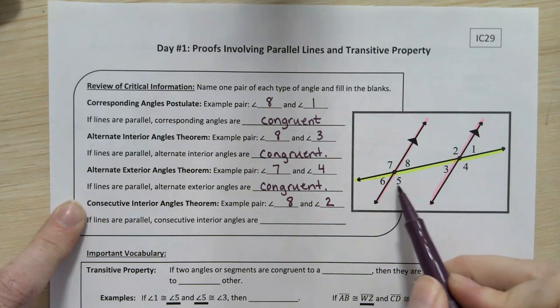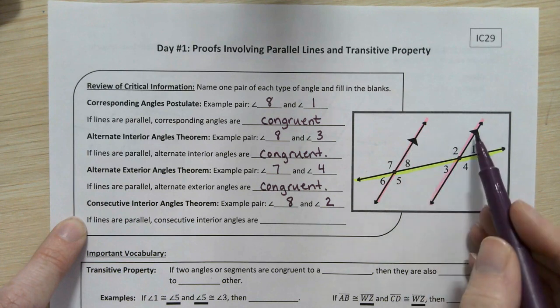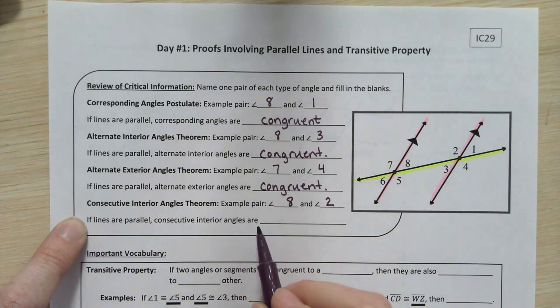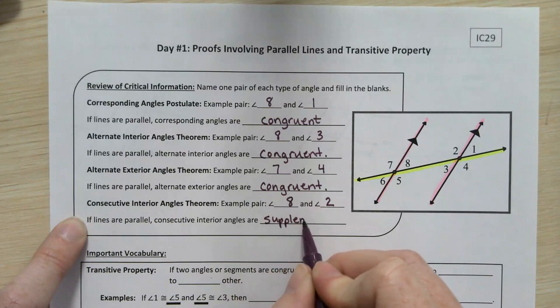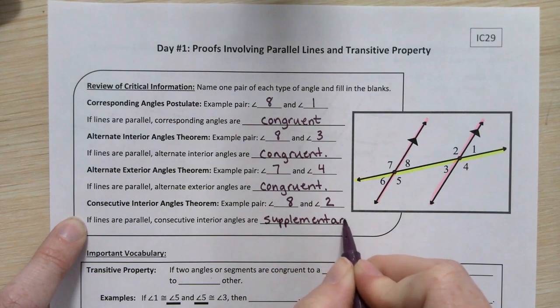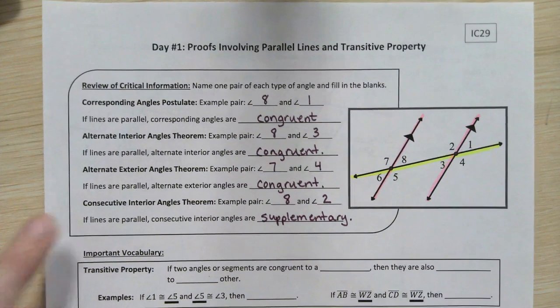We could have also selected angle 5 and angle 3. Those are the ones that behave differently than all of the others. So when lines are parallel, consecutive interior angles are not congruent. Instead, they are supplementary, which means they add up to be 180 degrees, unlike the rest.